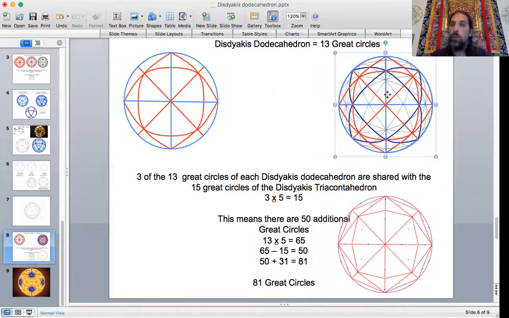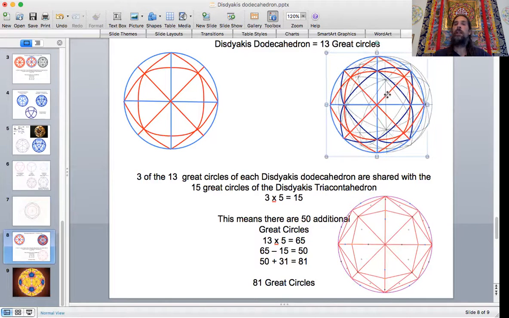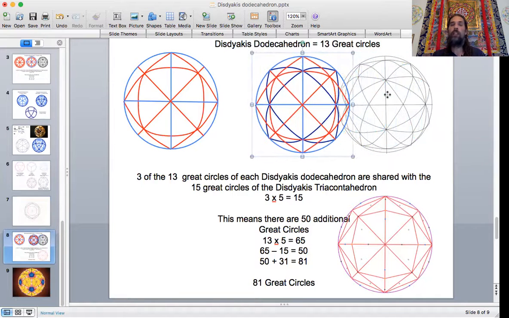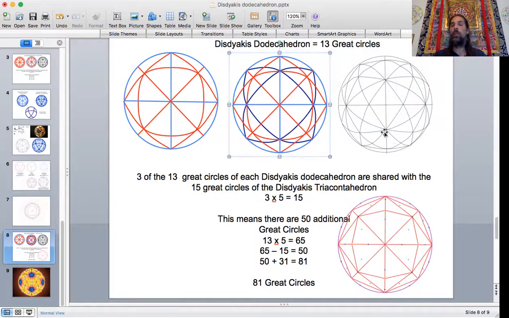I just wanted to make sure that my cubeoctahedron vertices are not going to be deducted from that, because the regular disdyakis dodecahedron, which had the 9 great circles, 3 of those circles were already included in this one. So now what I have to do is deduct just 3 from the 13.